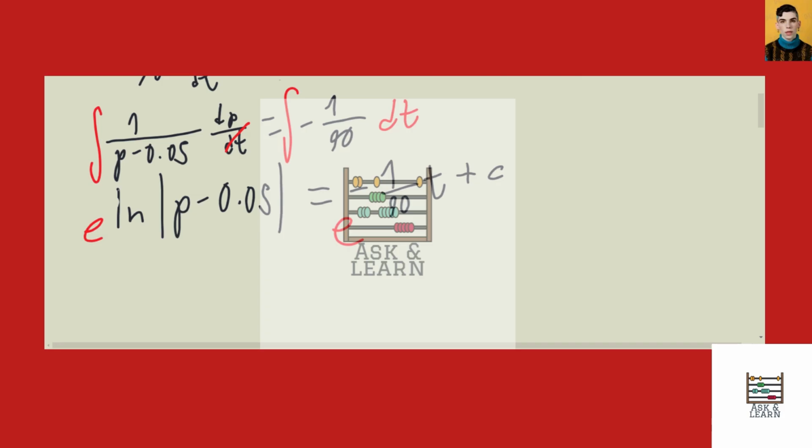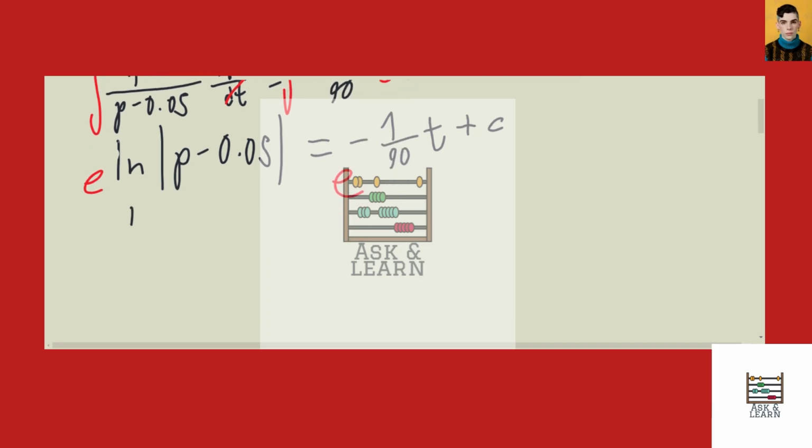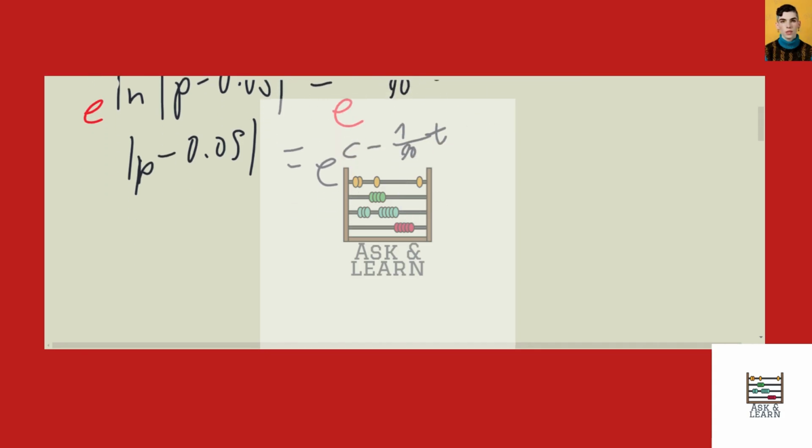And basically what that gives us is the absolute value of p minus 0.05 is equal to e to the c minus 1 over 90 t. And then we do this trick: when getting rid of the absolute value sign, you'd have to put plus or minus on the other side.